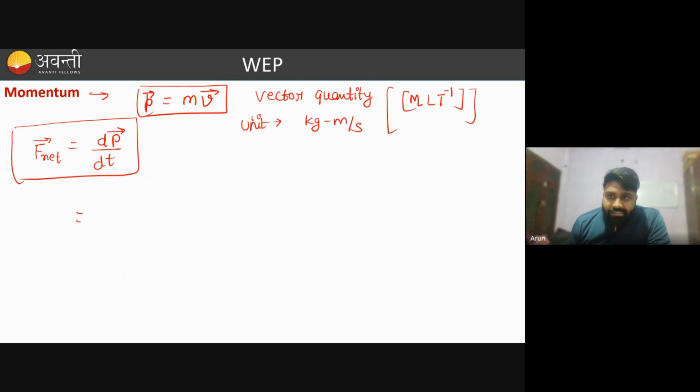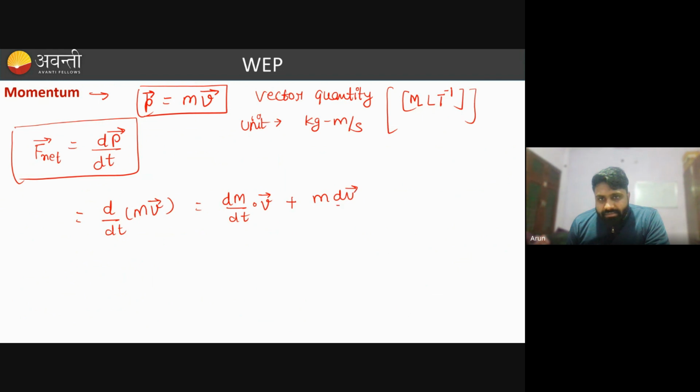If you put the value here, you will see that this expression is dm by dt times v vector plus m times dv by dt. If the mass is not variable, then the first term is 0, or otherwise this is the absolute form of Newton's second law.